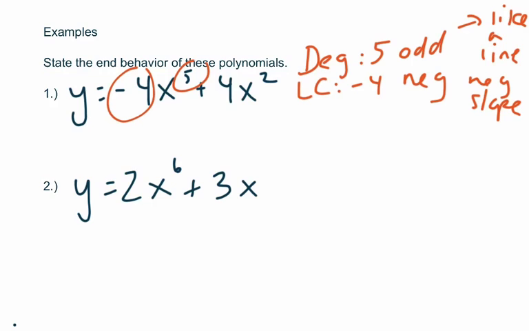Now, I don't typically draw this out because I've been doing this for a bajillion years, and so I don't need to draw it out. But what I would recommend is that on a piece of scrap paper you draw a line with negative slope. Actually physically draw it out. So a line with negative slope would look like that. And that's going to tell you your end behavior.